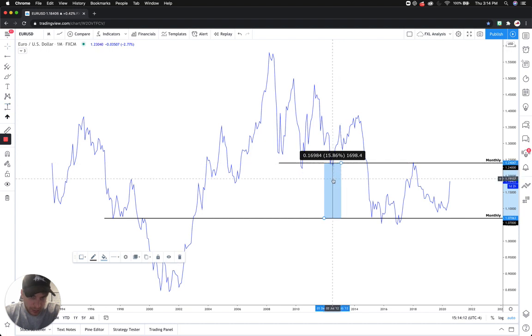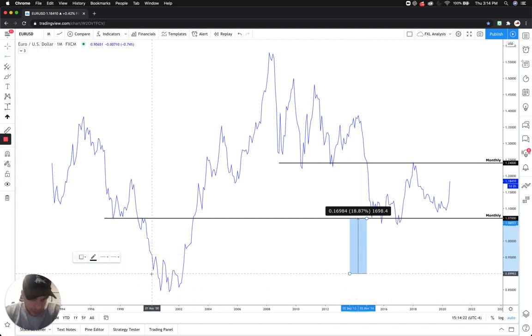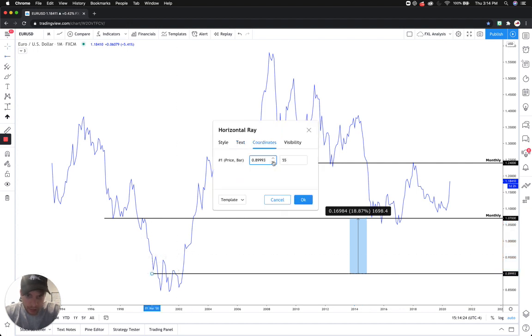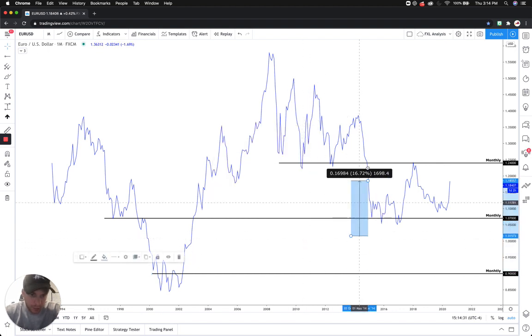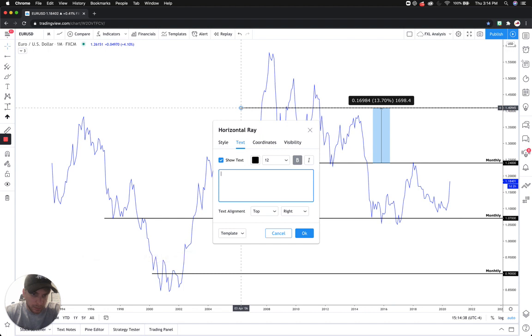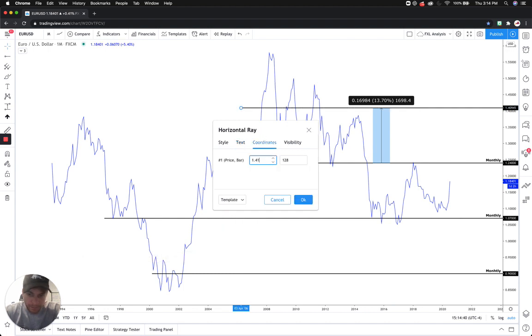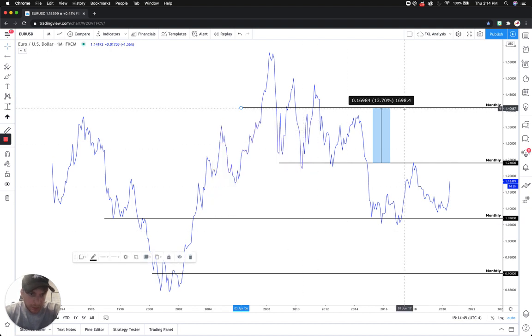Okay, so this is one here. We're going to do one lower and then one higher. Okay. Right about here. 0.9 monthly, and then one to the upside, right about here. 1.41 monthly.